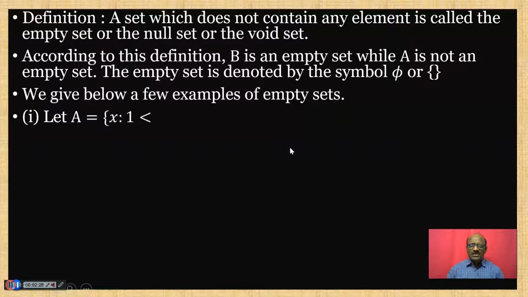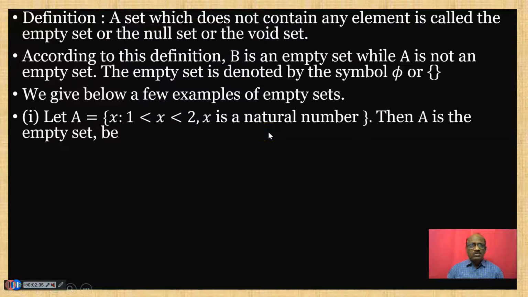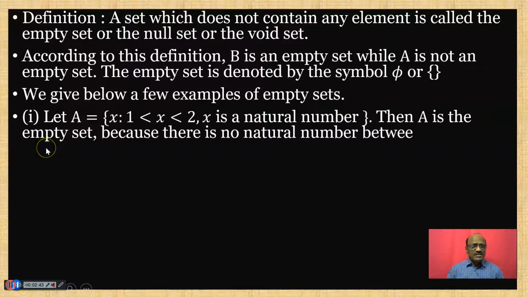First example. Let A = {x : x lies between 1 and 2 and x is a natural number}. But we know that there is no natural number between 1 and 2. Then A is an empty set.